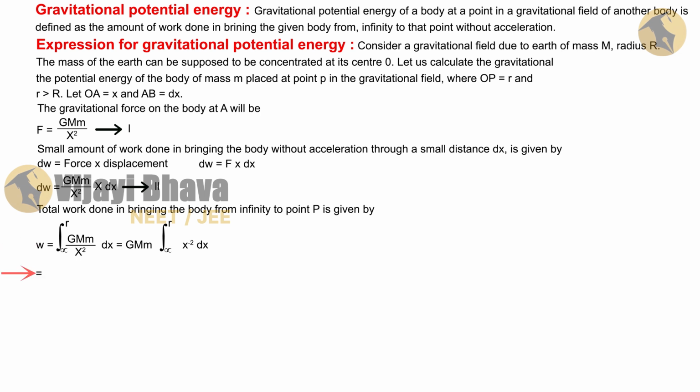This is equal to -GMm [1/x] from infinity to r. This is equal to -GMm (1/r - 1/infinity). As we know, 1/infinity is equal to 0. When you exclude that, the work done W is equal to -GMm/r.